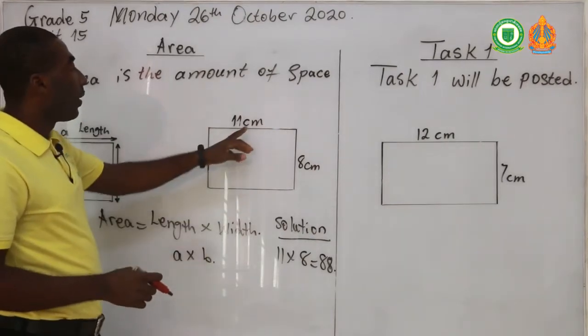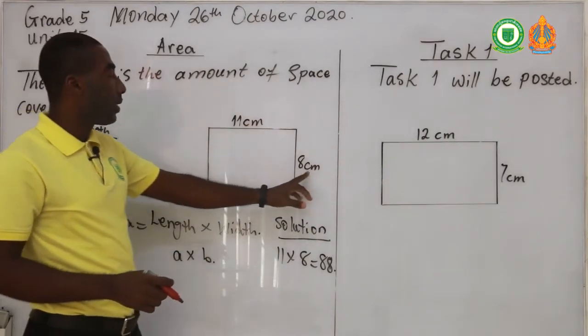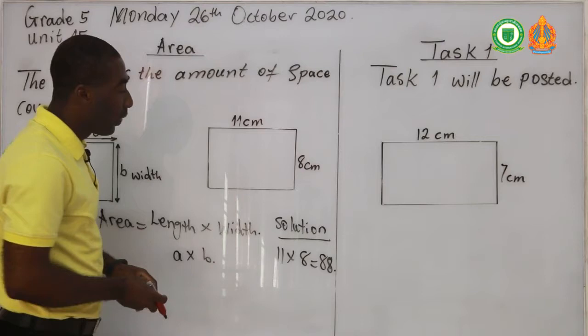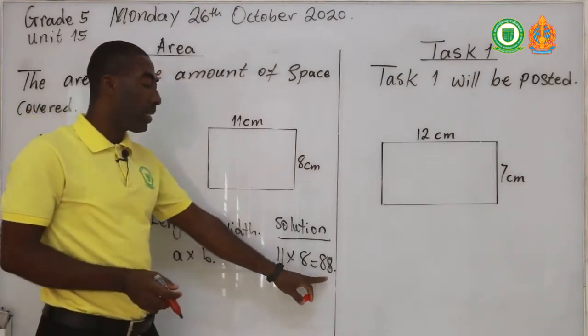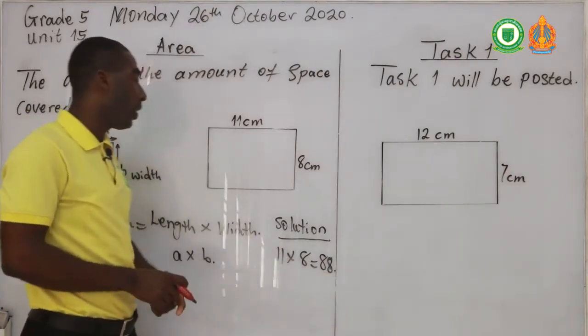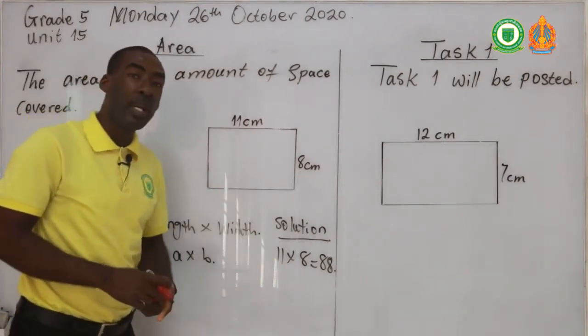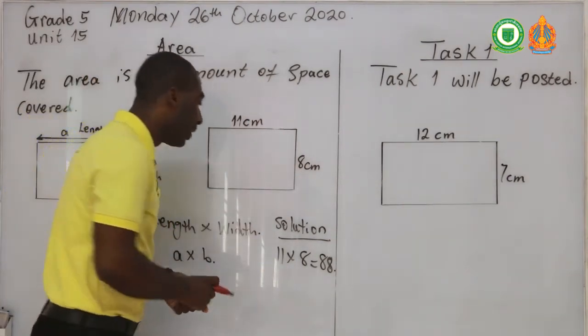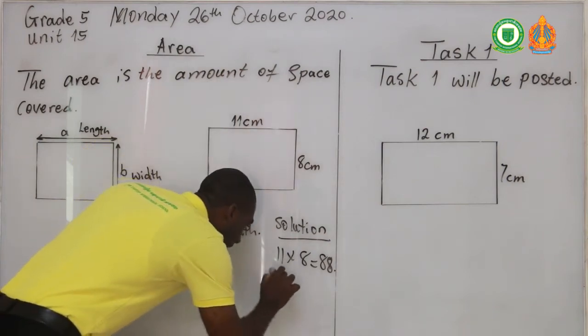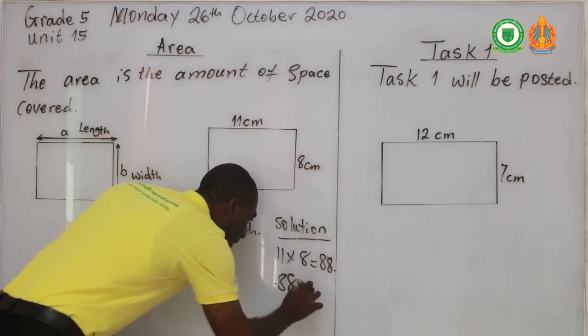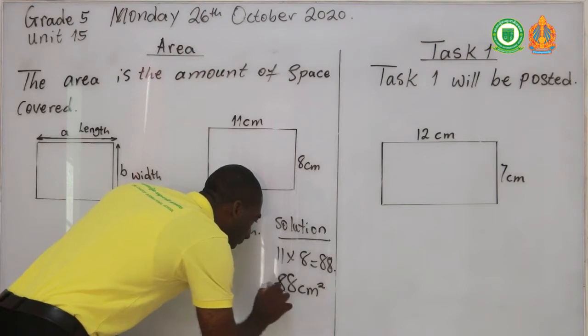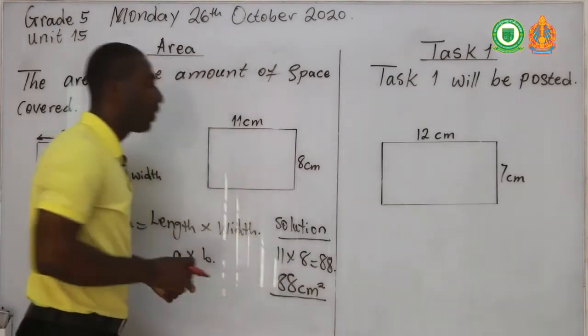So now we know that this is centimeters and this is centimeters. So what we need to do is that we need to put our centimeters also here. We are multiplying centimeter by centimeter, so that means we'll get a centimeter square. So our actual answer is going to be 88 centimeter square.